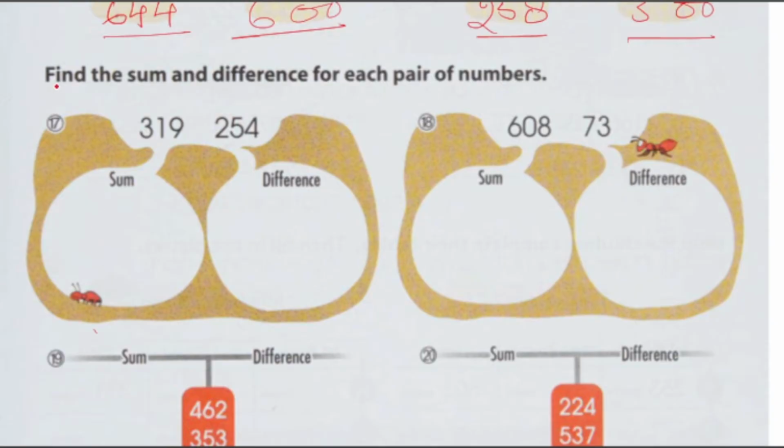So in this case, we have to find the sum and difference for each pair of numbers. So these are the numbers. So first of all, we have to add, that means 319 plus 254.